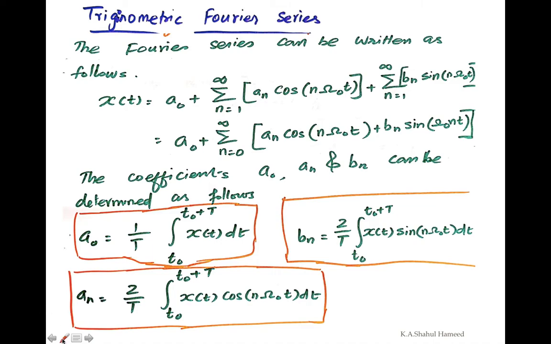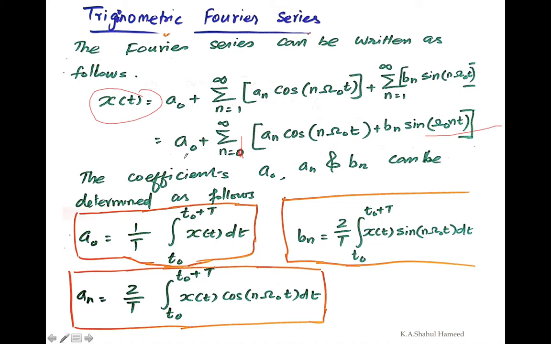Here we can write this x of t like this also. x of t is equal to a naught plus summation n is equal to 1 to infinity a n cos n omega naught t plus b n sin n omega naught t.